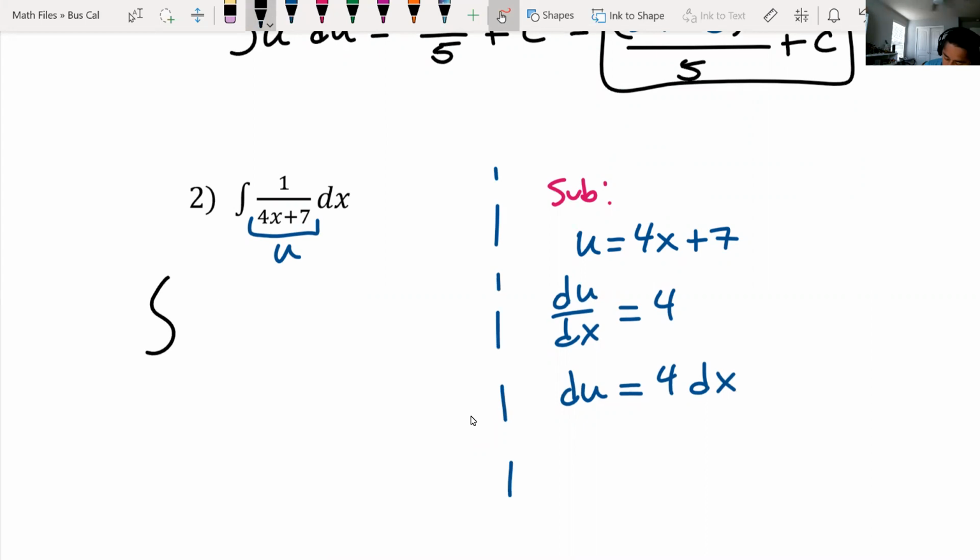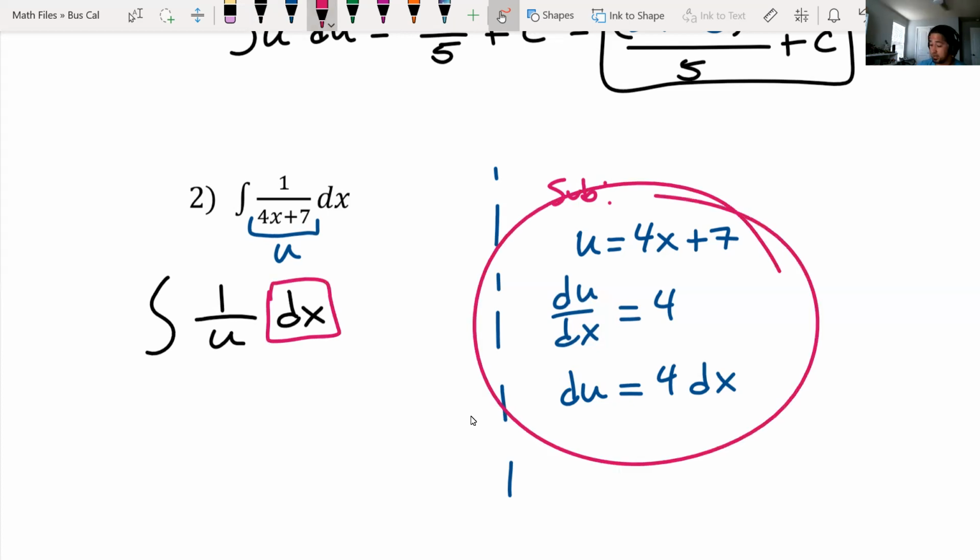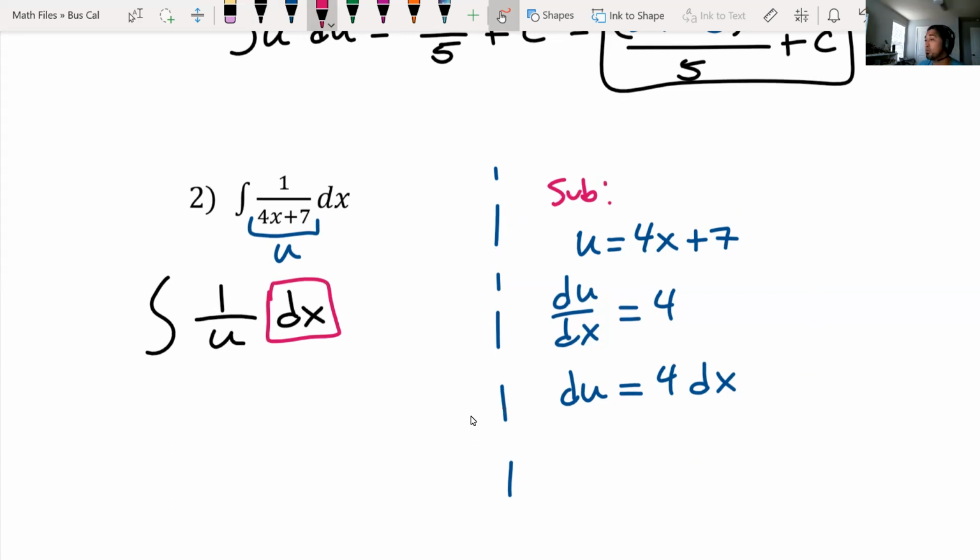The integral of 1 over u dx. So we need to make a substitution for this dx. Well, if you look at the right side, we have du equals 4 dx. How do I get this dx all by itself? What would I divide by? 4.